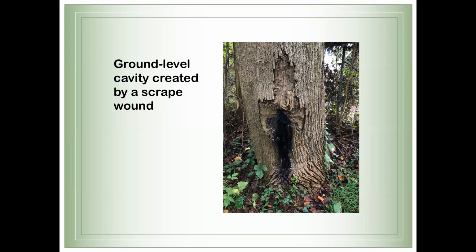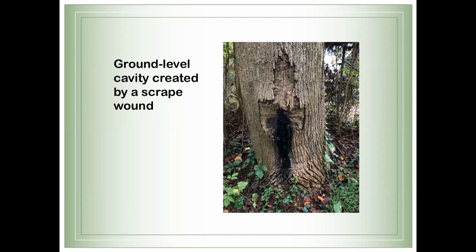And just like humans, the tree is going to try to seal that off. With any kind of wound, like a scab with humans, a tree is going to lay down what they call reaction wood or wound wood, and it's going to try to seal off that wound. So I can look at this wound, and just by the shape, I can tell that this was a scrape wound.